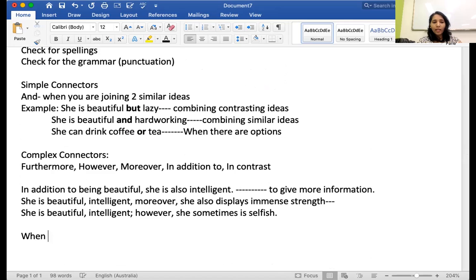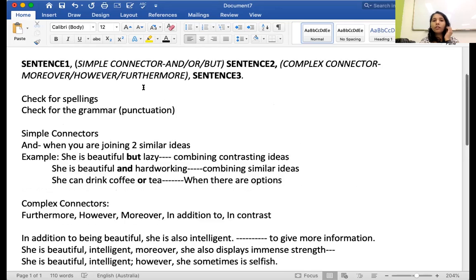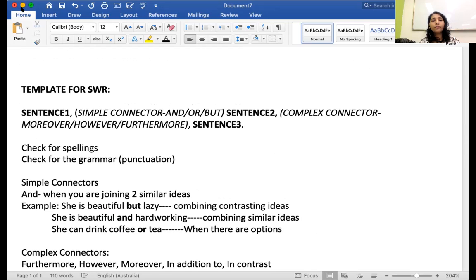So when in doubt as to what to use, simply use and as your simple connector and moreover to combine your sentences. I hope this is clear to you.